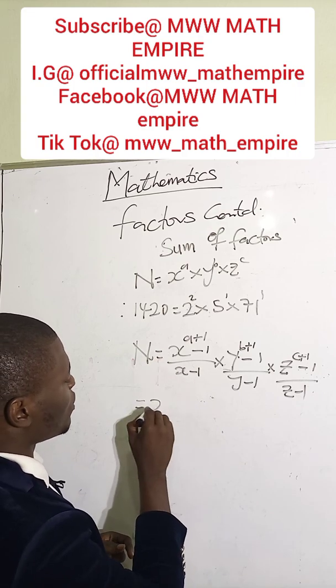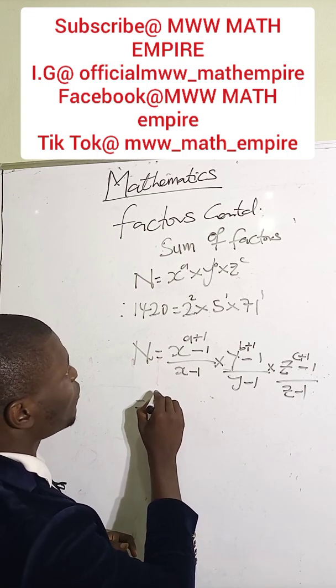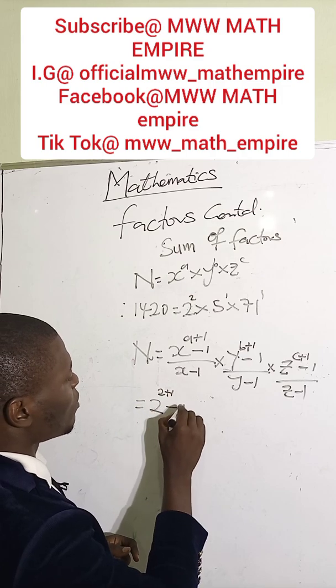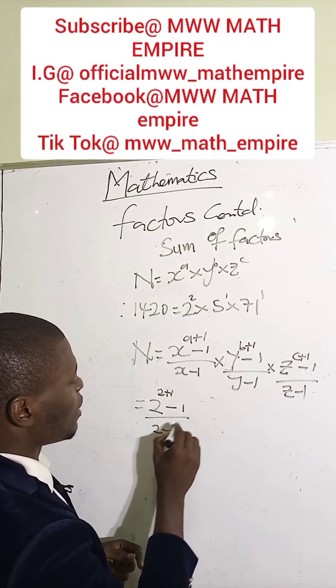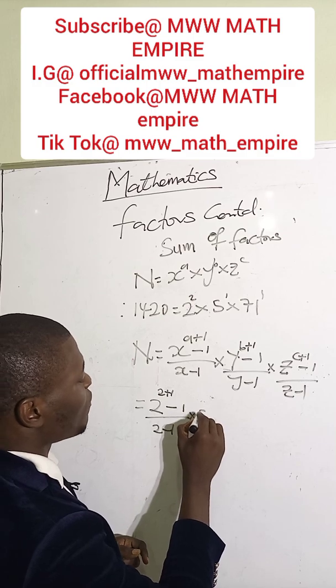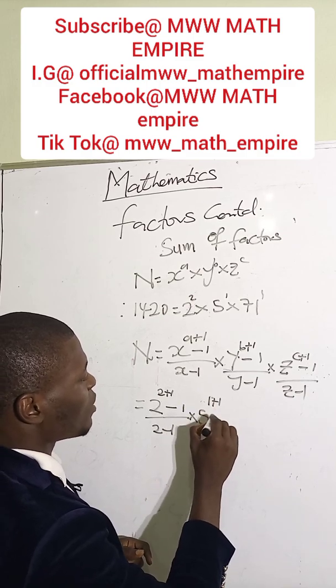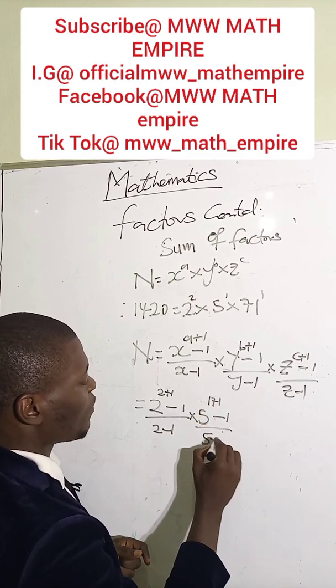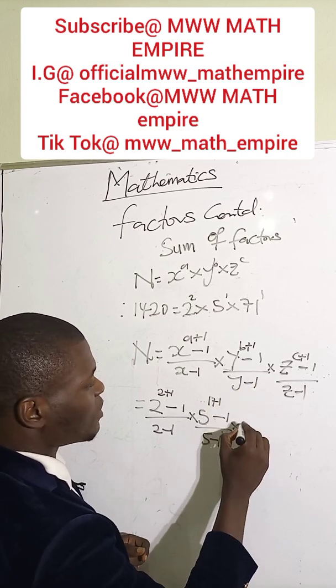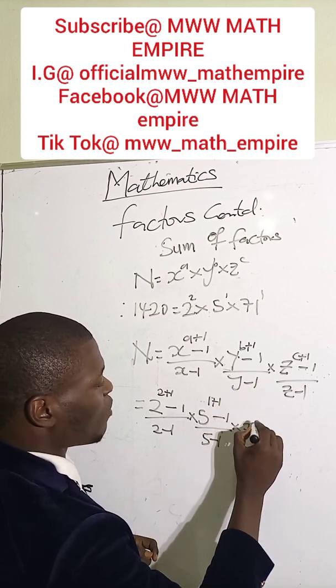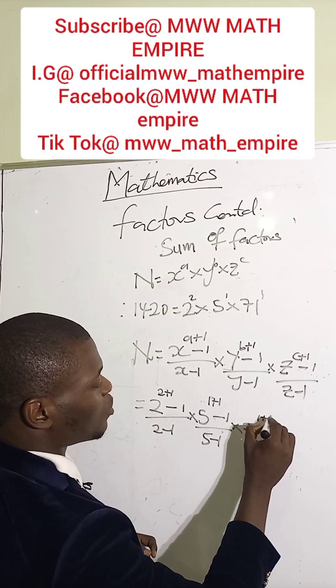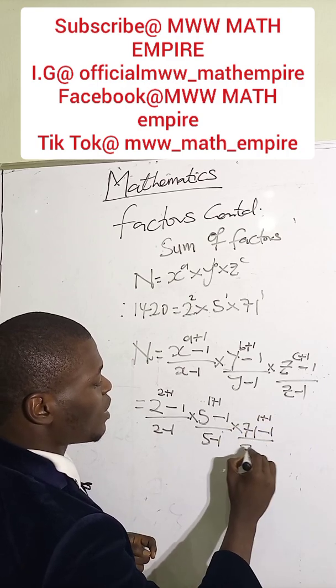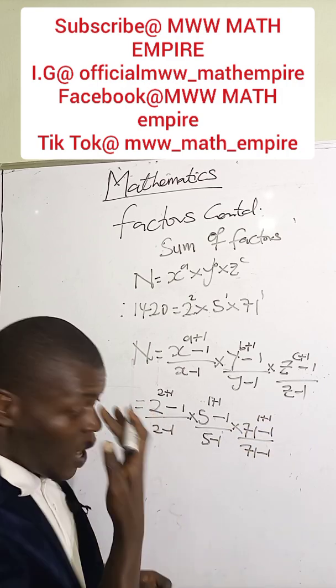Substitute, knowing fully well that all these x, y, and z are the prime factors. What do we have? 2 raised to the power of 2 plus 1 minus 1 all over 2 minus 1, multiplied by 5 raised to the power of 1 plus 1 minus 1 all over 5 minus 1, multiplied by 71 raised to the power of 1 plus 1 minus 1 all over 71 minus 1.